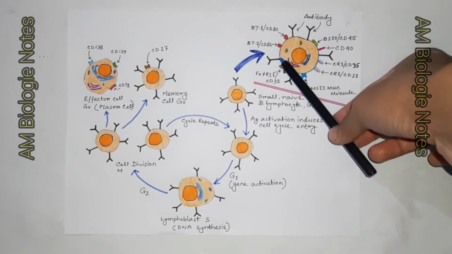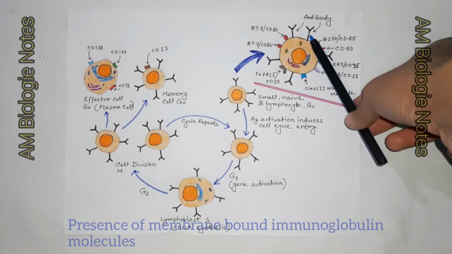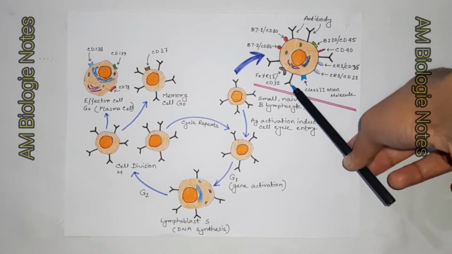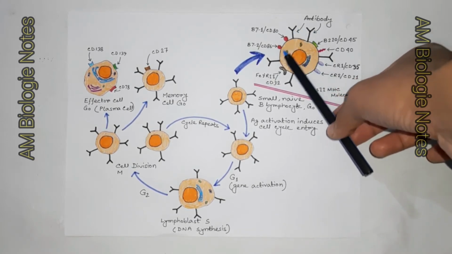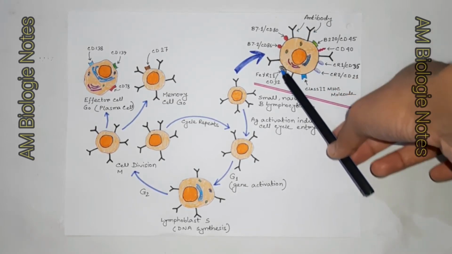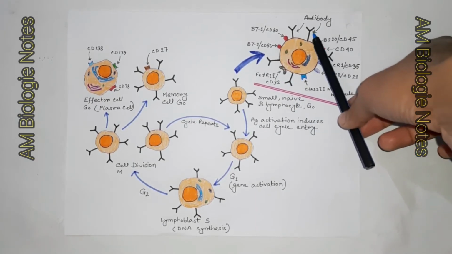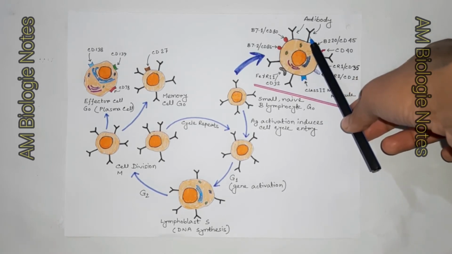In the membrane, there are so many membrane bound immunoglobulin molecules. These immunoglobulin molecules serve as receptors for antigen. A single B cell can express approximately 1.5 into 10 to the power 5 molecules of antibody on the membrane.